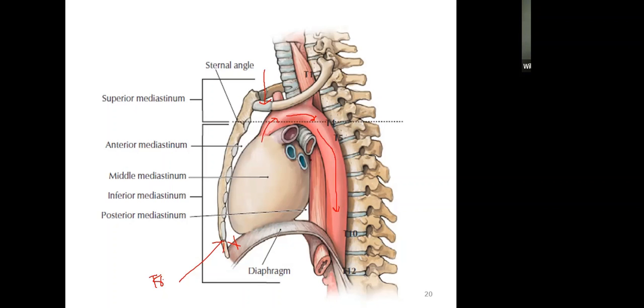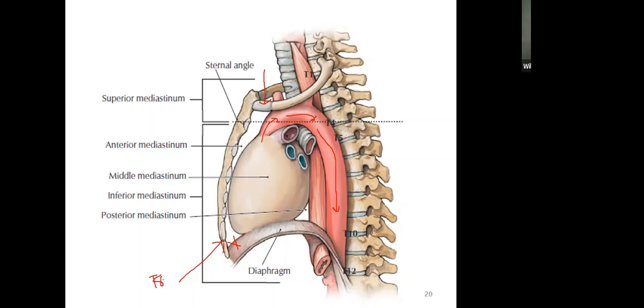And what you'll notice is the very close communication at this point between the ascending aorta, the arch of the aorta, the trachea, and the left primary bronchi, and posterior to that, the esophagus. So here is the esophagus.